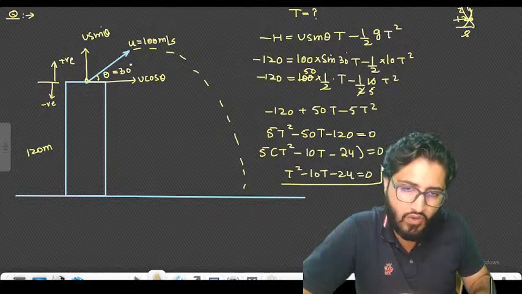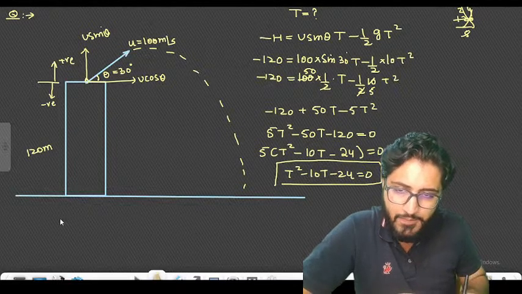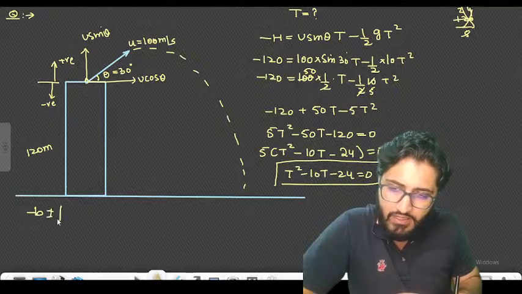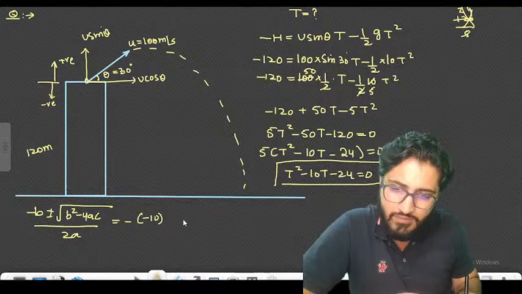This one is a quadratic equation, so I need to solve it. So I can write here minus b plus minus under root of b square minus 4ac divided by 2 times a. Minus b is minus minus 10, so it is plus 10.